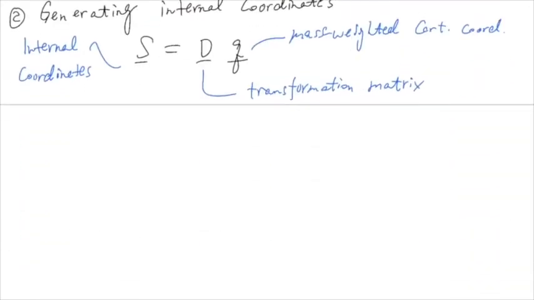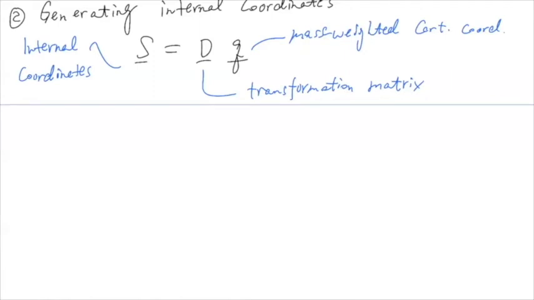Then you can use the Gram-Schmidt procedure to construct the rest of the D column vectors. You use this Schmidt orthogonalization to make sure the remaining 3n-6 or 3n-5 vectors are orthogonal to the translational vectors and overall rotation.